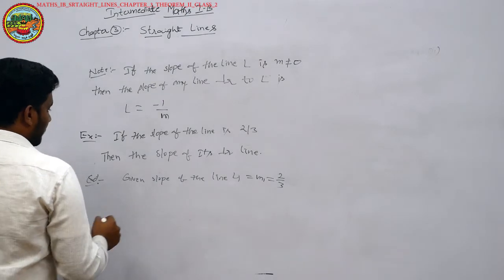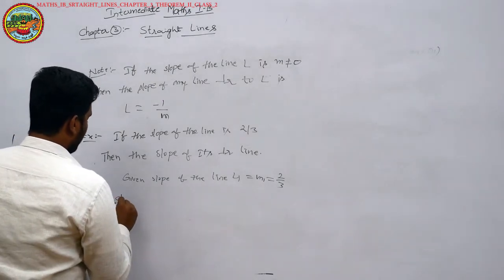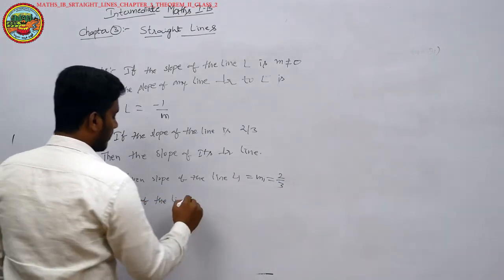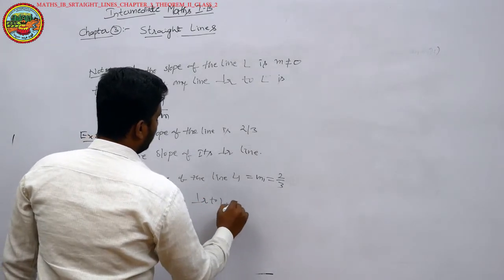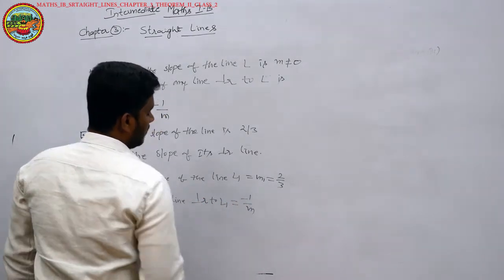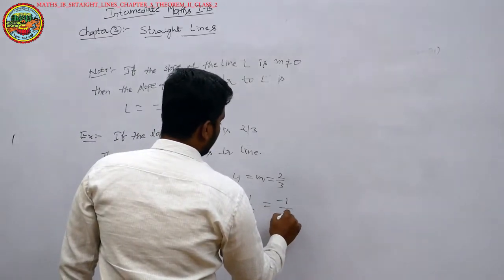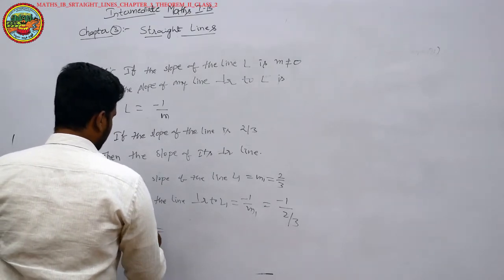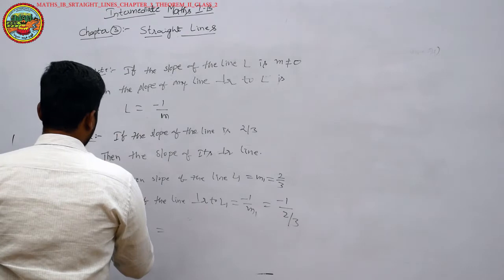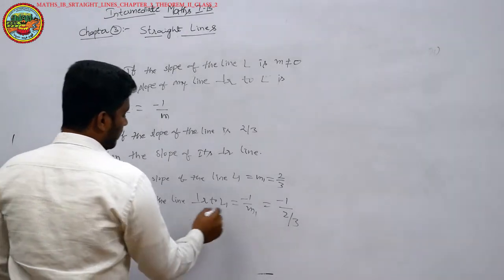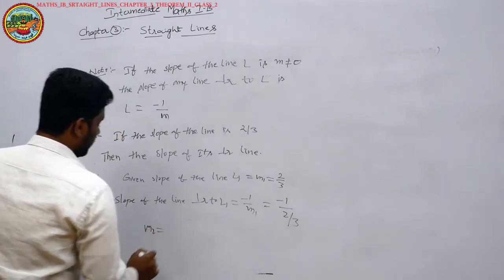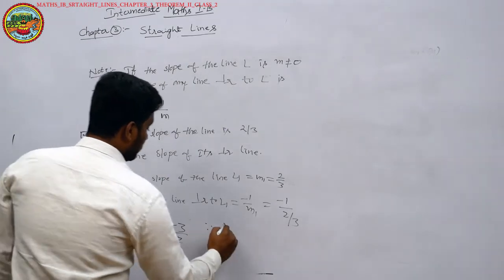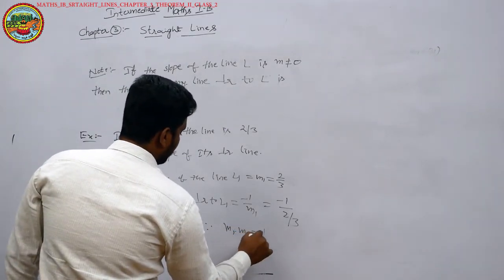The slope of the line perpendicular to L1 is minus 1 by m, which is equal to minus 1 by 2 by 3. So let m2 be the slope of the line perpendicular to L1. So m2 is equal to minus 3 by 2, since m1 into m2 is equal to minus 1.